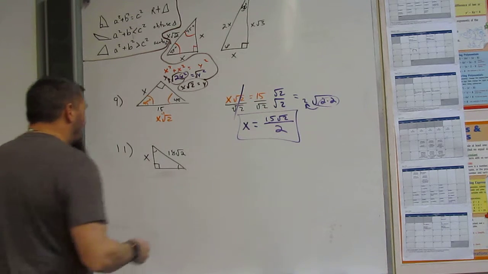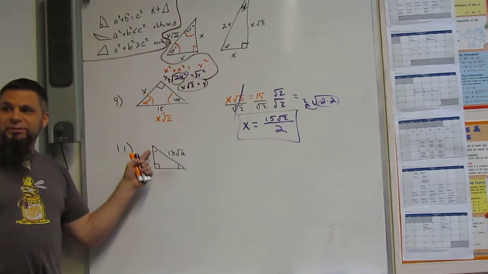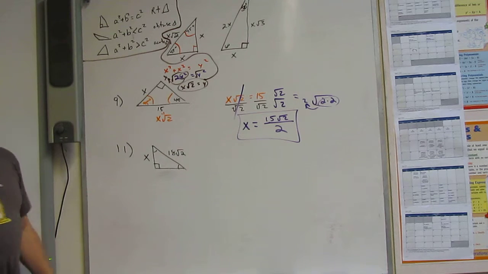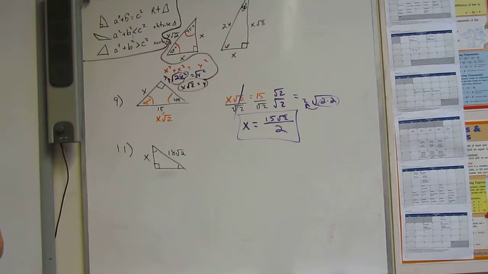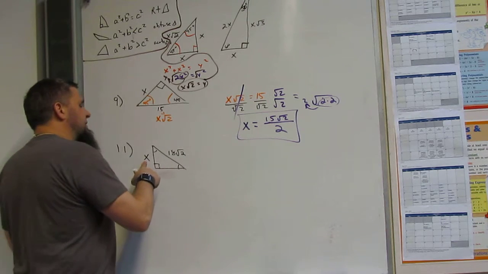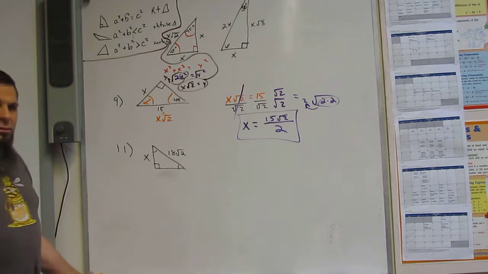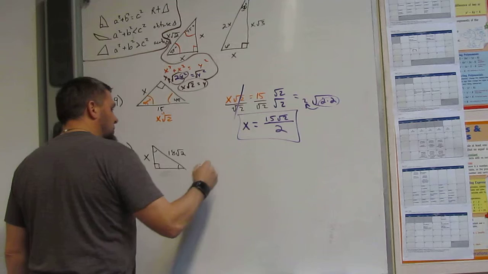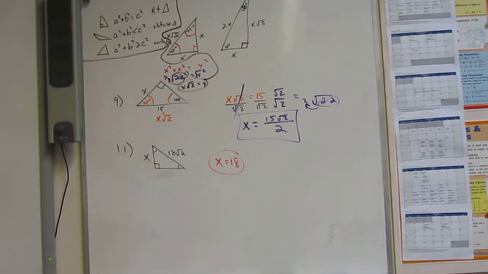This one, again, 2 congruent angles. Well, if they add up to be 90, they have to be 45, right? So we know that this is a 45, 45, 90 triangle. If this side is x, this is x square root 2. So this has to be 18. I mean, it wasn't hard at all.